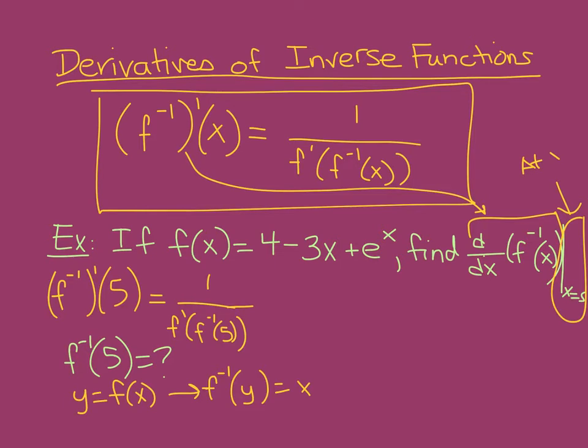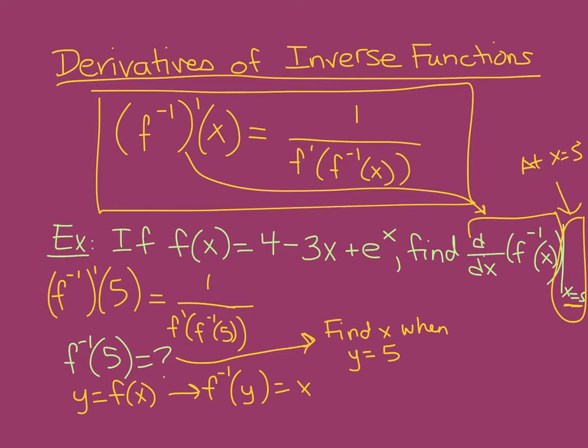So basically, to find the value for f inverse of 5, you are going to be finding x when y equals 5. I know it's really confusing. We had an x equals 5 right here. I think that I lost my x equals 5 there. So we're finding x when y equals 5.